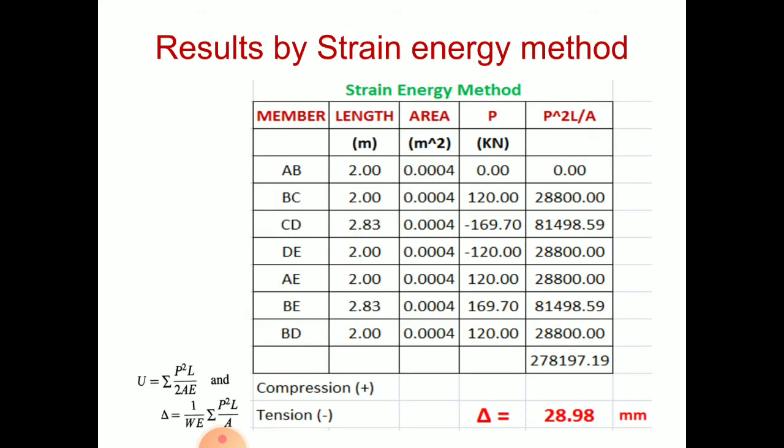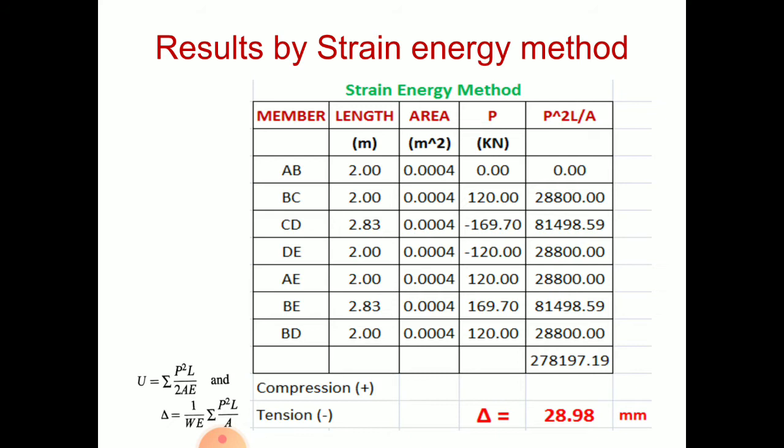So by the strain energy method, the formula is delta equal to 1 by E times the sum of P squared L by A. So find the forces in the members AB, BC, CD, DE, AE, BE and BD.